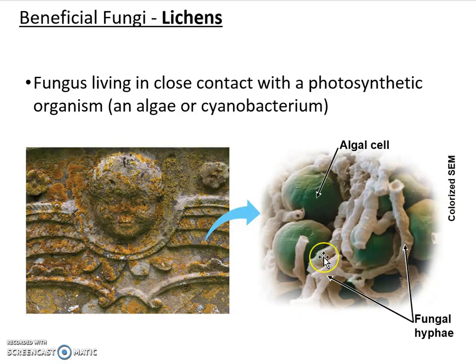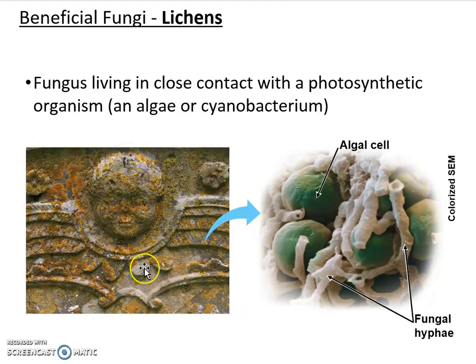And that could be either an algae or a cyanobacteria, which is a photosynthetic prokaryotic cell. And the fungus is going to provide some protection for these photosynthetic organisms so that they're not going to dry out easily. It's also going to hold them down because algae and the bacteria don't have roots, where the fungus can provide kind of like a little holding spot there.